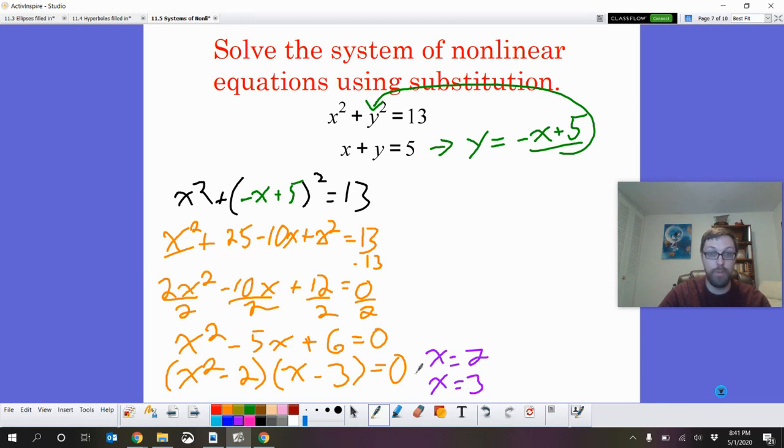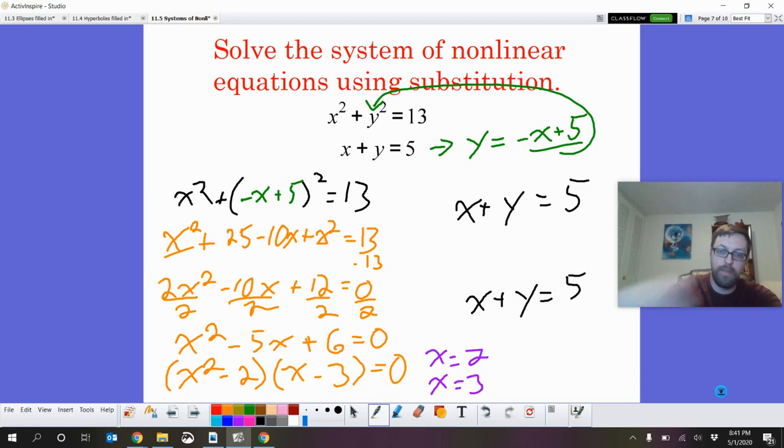So I got to put 2 and 3 into those two equations. So x plus y equals 5, x plus y equals 5. Plug in a 2 and plug in a 3. So 2 plus y equals 5, y equals 3.